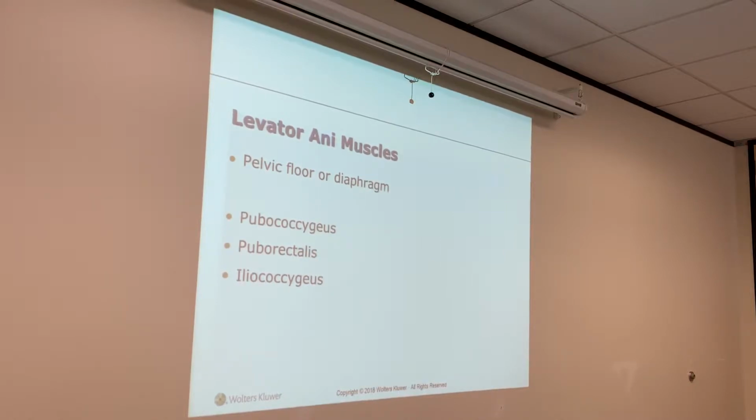It is made up of 3 muscles: pubococcygeus, puborectalis, and iliococcygeus. Basically, it is just a band of muscle that goes from the symphysis pubis to the coccyx. It's a series of 3 muscles that make up the levator ani muscles.